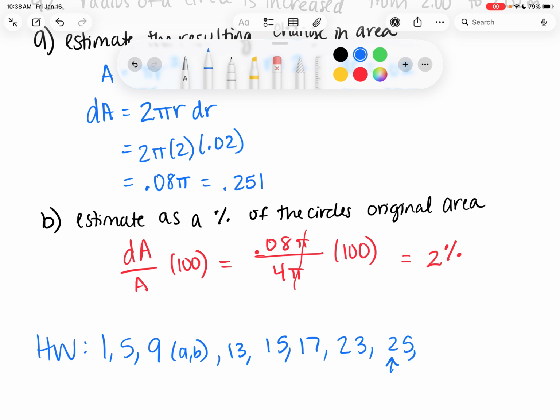On 25, you may need to review your derivatives of inverse trig because that's an inverse trig question. And then 31, 35, and 39.